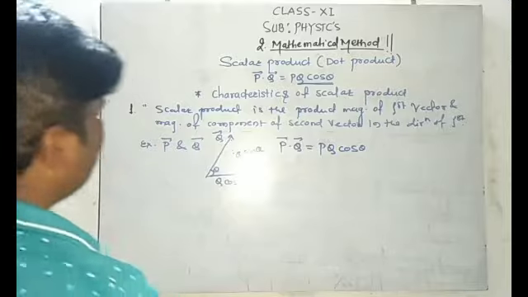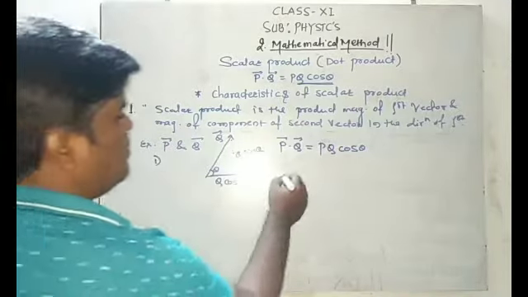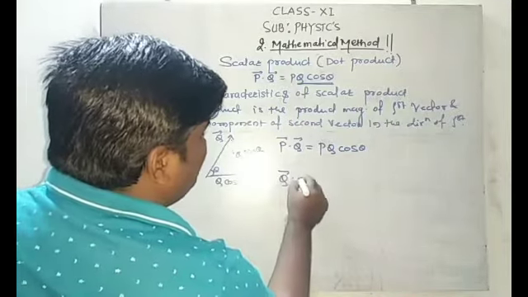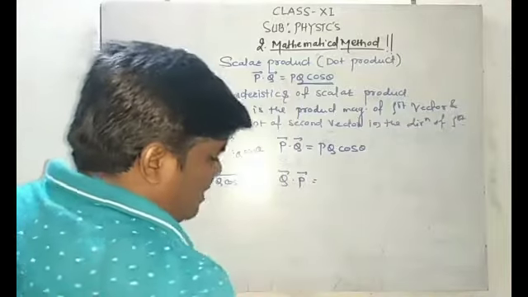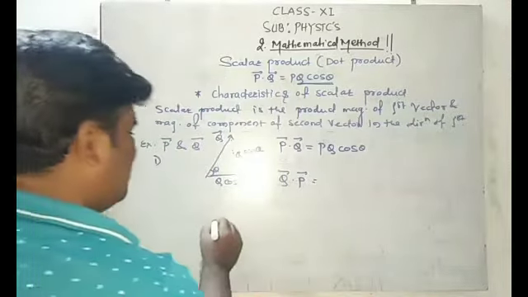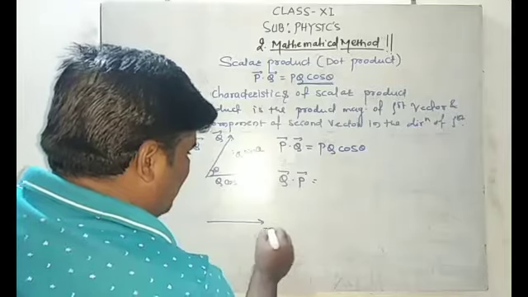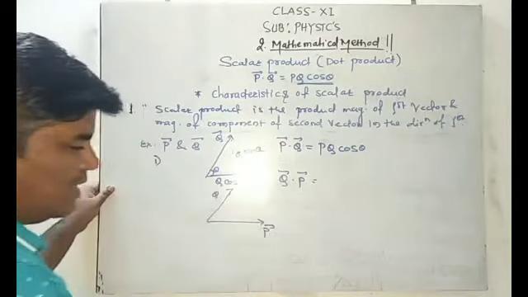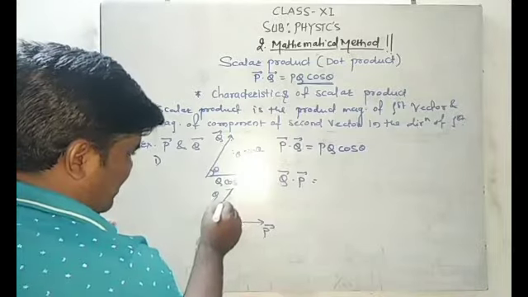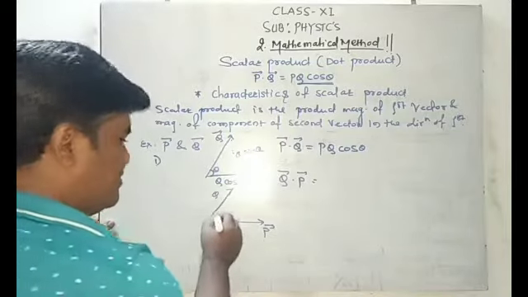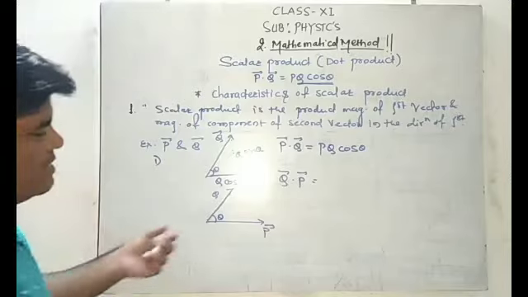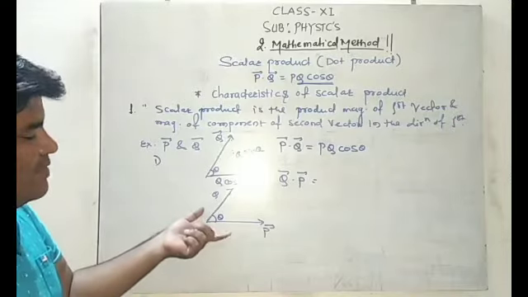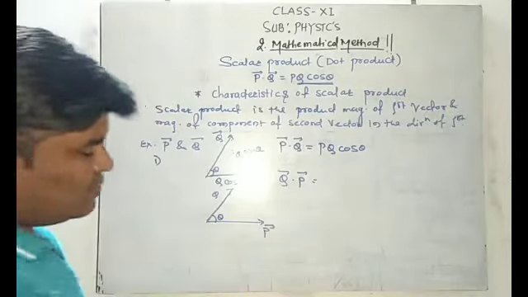Similarly we can do Q bar dot P bar. Here this is P bar and this is Q bar, and theta is the angle between these two vectors.